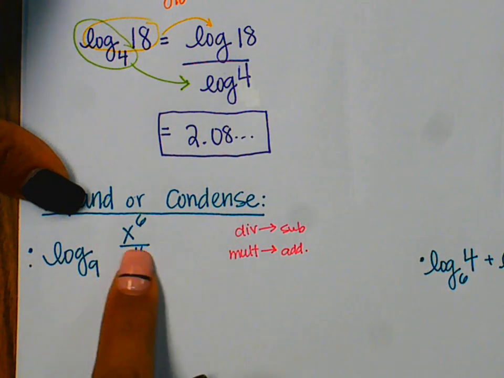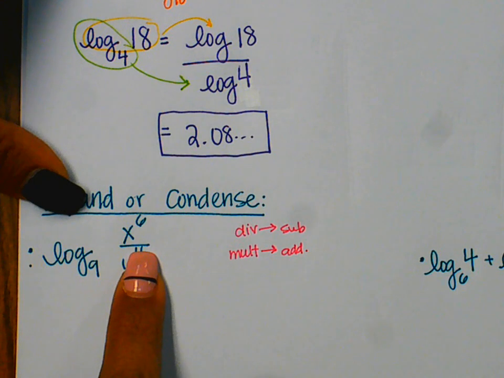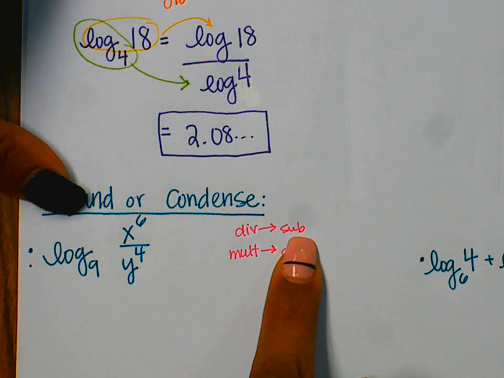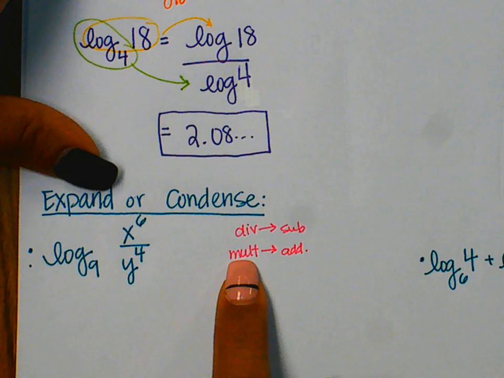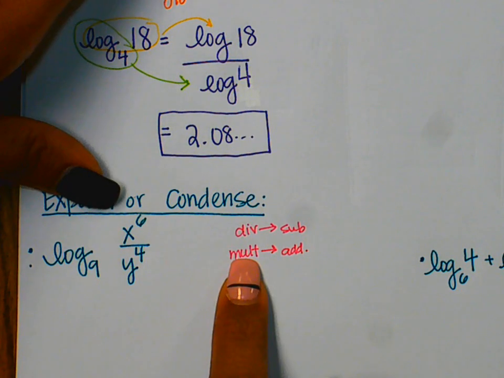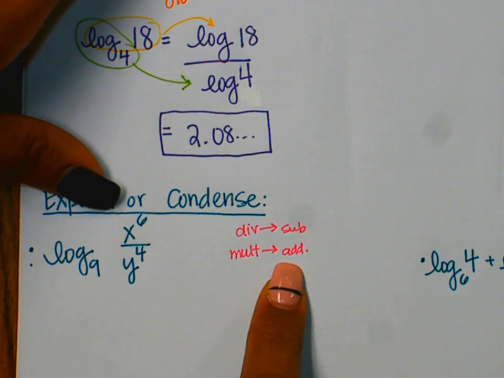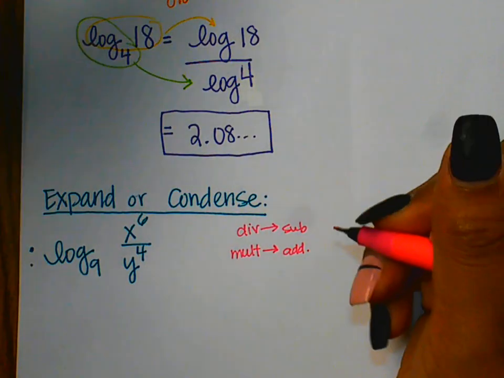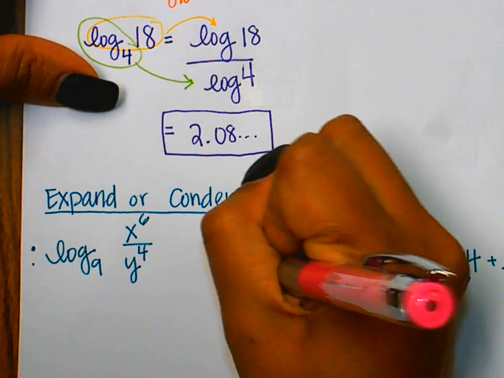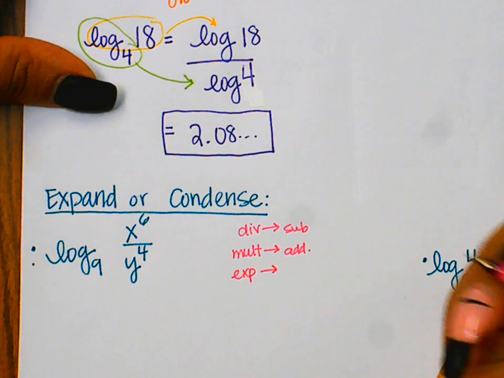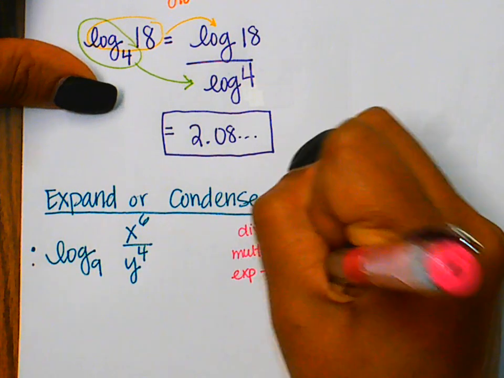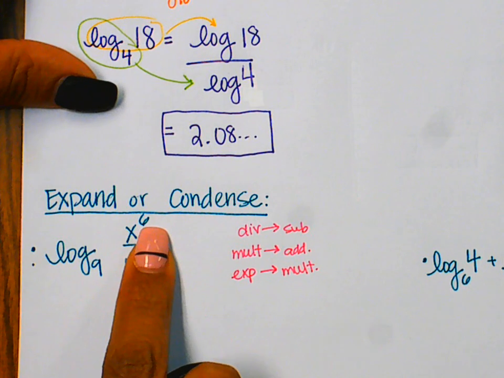So if the operation that's happening is division, you're going to turn it into a subtraction to expand it. If it's multiplication, you're going to turn it into addition. And the last one that really matters is if it has an exponent, a power, it's going to turn into multiplication, which we see here we do have an exponent.